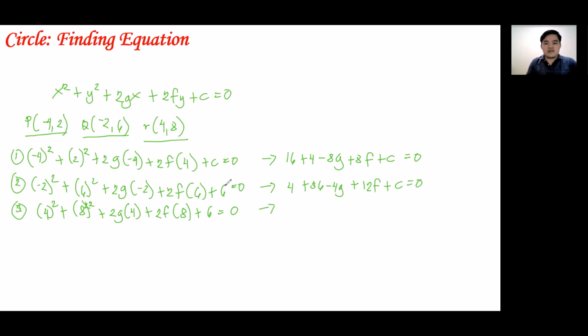For our third equation, this is 16 plus 8 times 8, that is 64, plus 8g plus 16f plus c is equal to 0. So this is our first equation, our second equation, and our third equation.